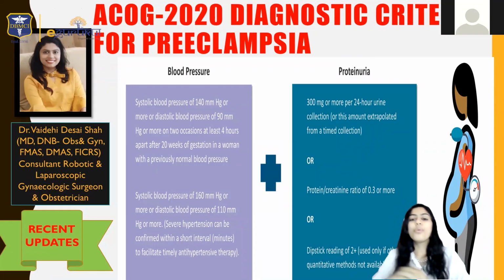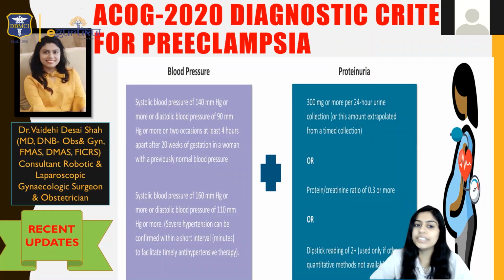All right. In preeclampsia without severe features, what are the findings? Whenever a patient is having blood pressure of 140/90 on more than or equal to 2 occasions at least 4 hours apart after 20 weeks of gestation, it is considered as a case of hypertension. Or this patient may have a single blood pressure finding of more than or equal to 160 millimeters of mercury systolic, or diastolic blood pressure more than or equal to 110 millimeters of mercury.